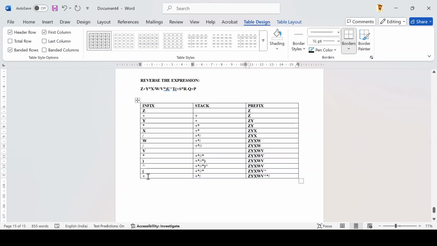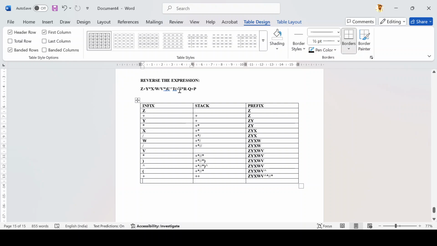Again the incoming operator is lesser than the top of the stack, division, so pop the division to the output side. Then the incoming operator has lesser precedence than the multiply, so pop the multiply to the output side. Then the incoming operator has equal precedence to the top of the stack, so push it into the stack.